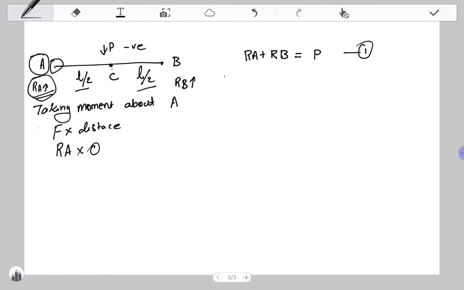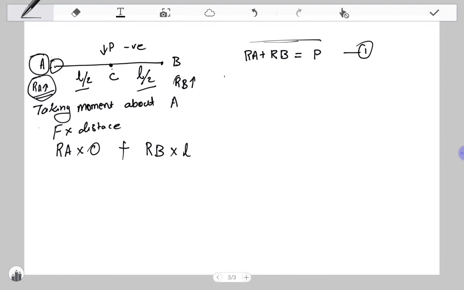It will be RB into the distance between A and B, that is L. Since RA and RB are positive, I will put the positive sign here. This is the formula I am applying, moment about the point A.